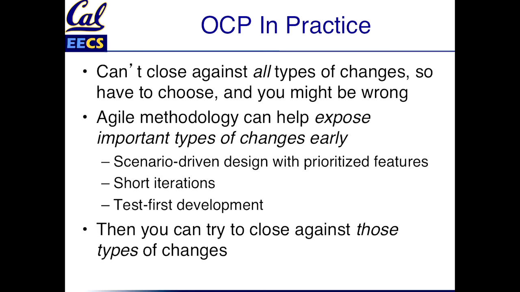So in Rotten Potatoes, if we decided that in addition to handling movies, we also want to be able to handle public demonstrations or something like that, right? Things that really don't have as much in common with a movie as they are different, you might close against that type of change. You might deliberately make it so that that type of change is painful, because it's a way of sending a signal that the idea of a movie and the things about movie is so woven into your application that that's not a place that an extension makes sense.